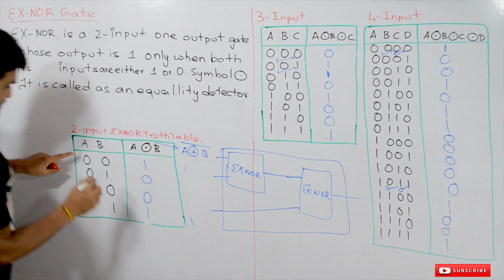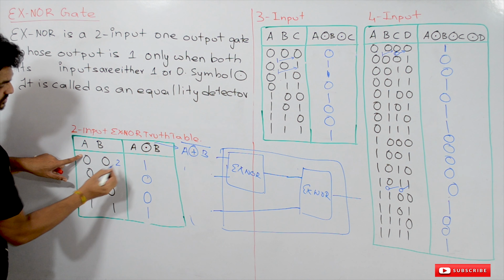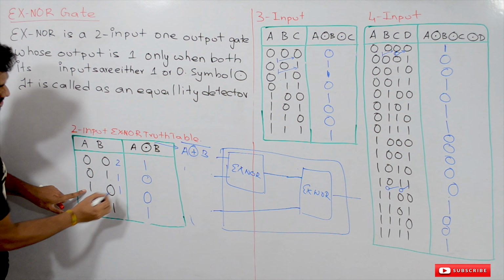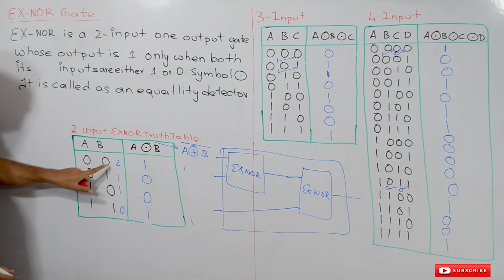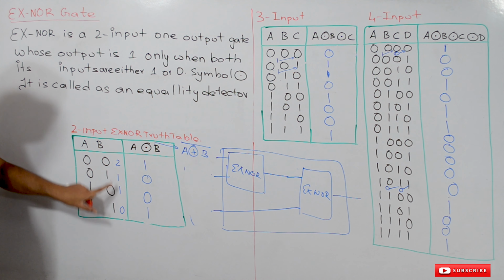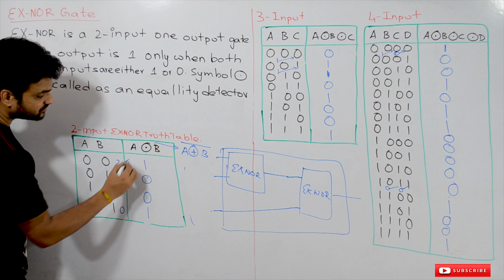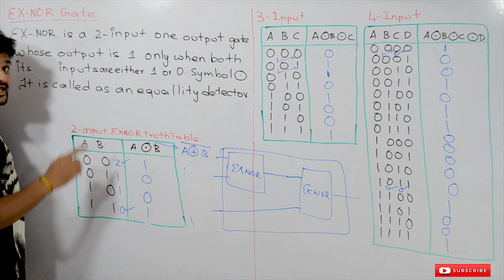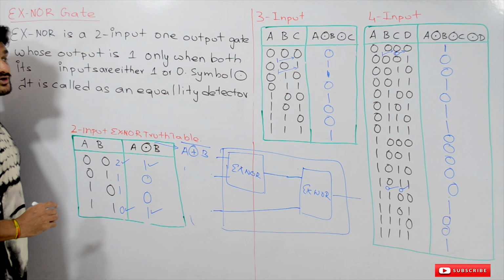See here, in this case there are even number of zeros, 2 zeros. In this case there are odd number of zeros. In this case there are odd number of zeros. In this case there are even number of zeros. Whenever the input has even number of zeros, then only it is going to produce an output of 1.